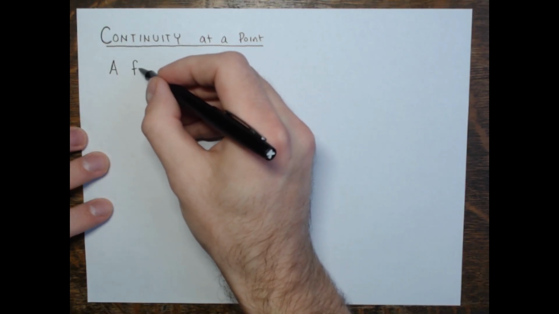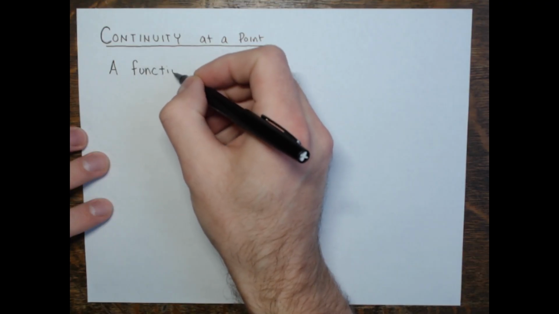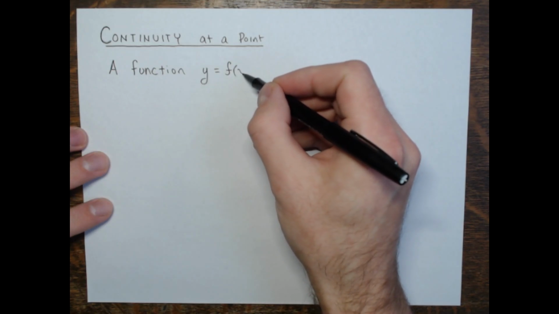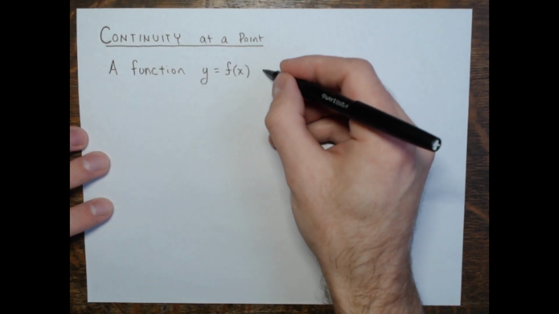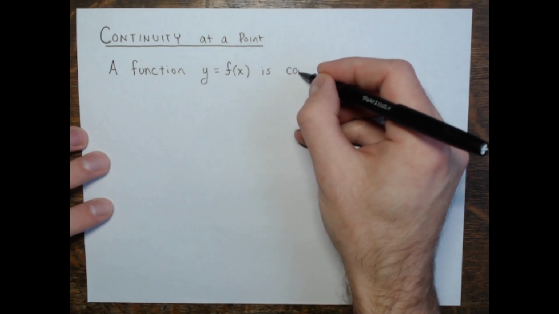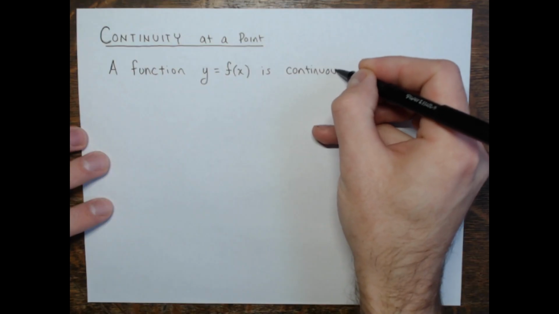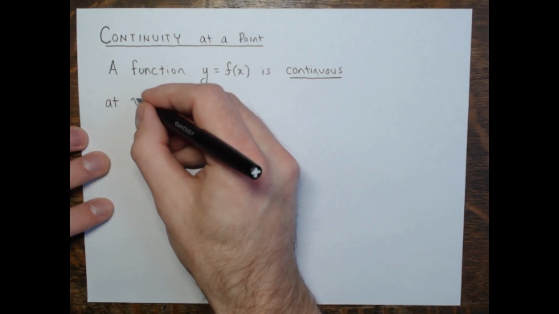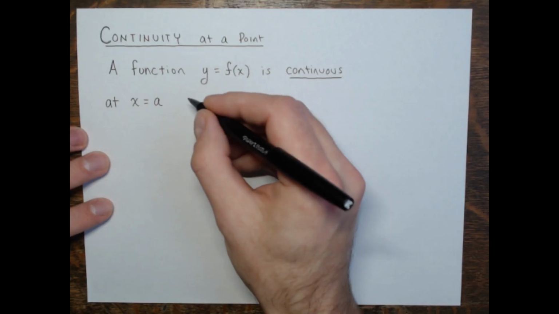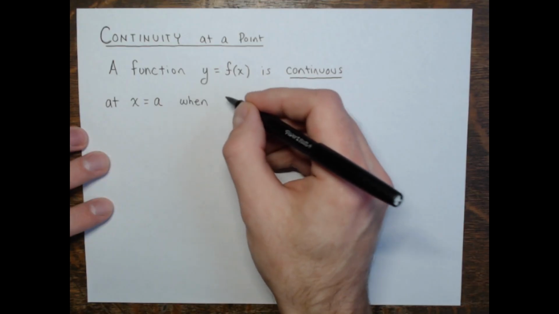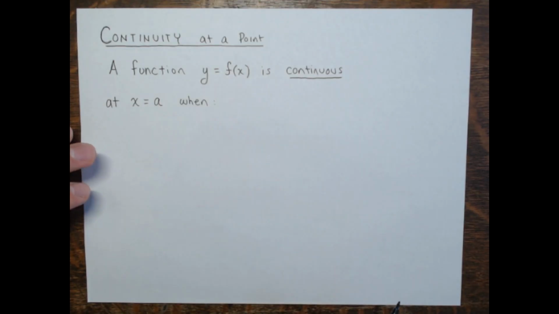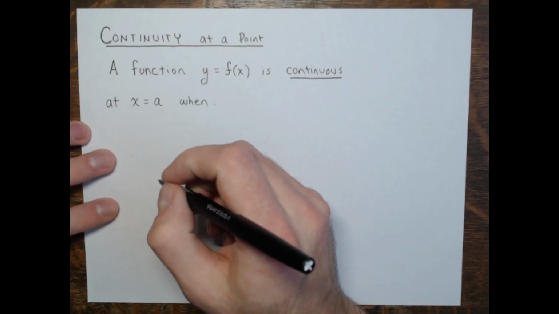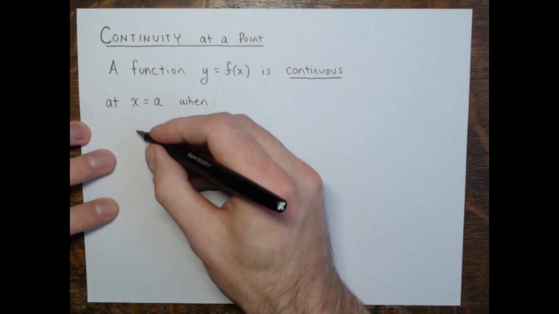A function, say y equals, and I'll just call this function f, so f of x, is continuous at a particular value, say x equals a, when the following three conditions hold. That's why in the objective title it was explain the three conditions for continuity at a point.